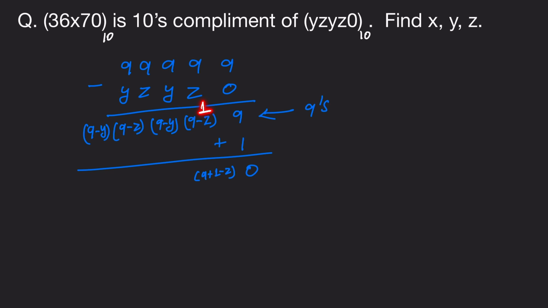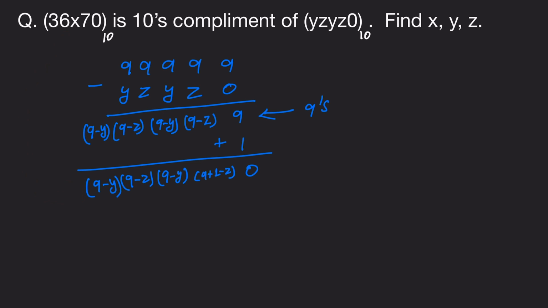So this one will be added with this term, and the rest will be the same. We are given that this is the tens complement of this number, so this number will be the same as this thing.